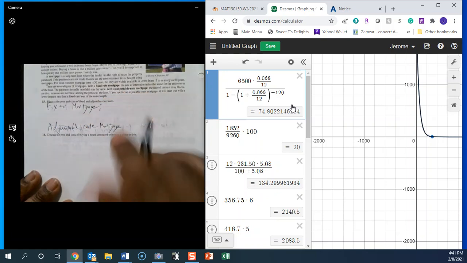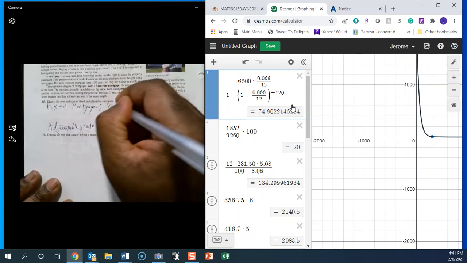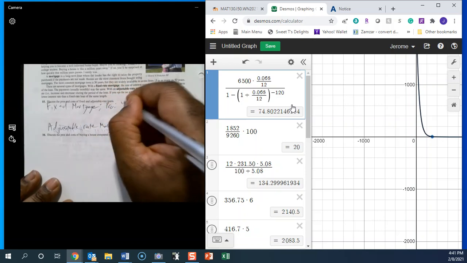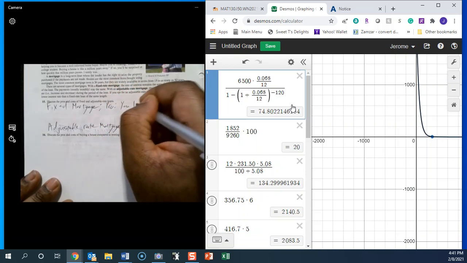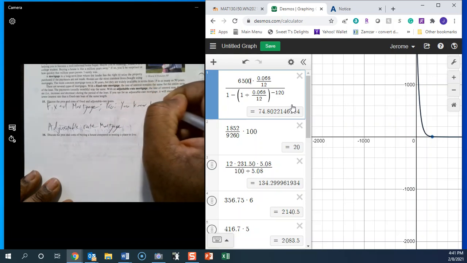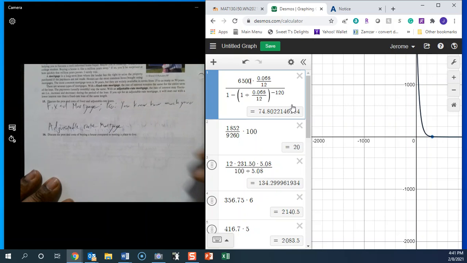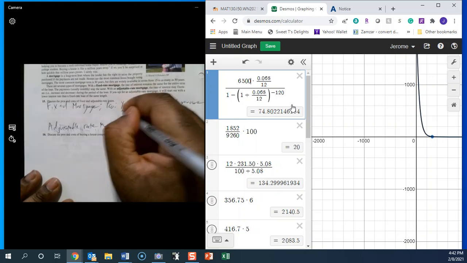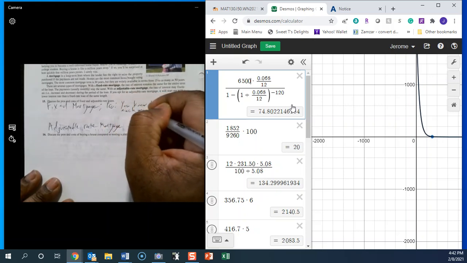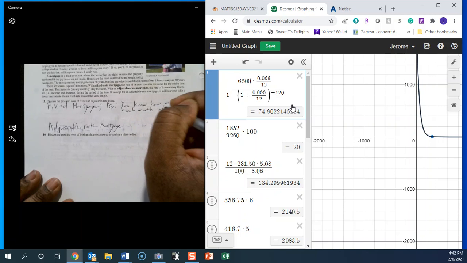Okay, the fixed mortgage pro, you know how much you owe each month. With no change.